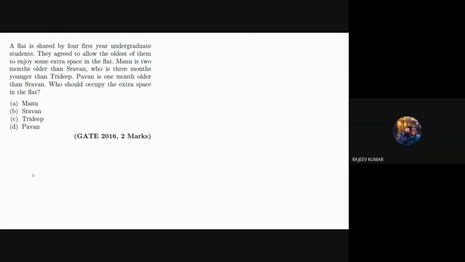This one. Yes, this is an interesting question. और simple भी है, so hard नहीं है, बहुत simple question. Try to solve this one.